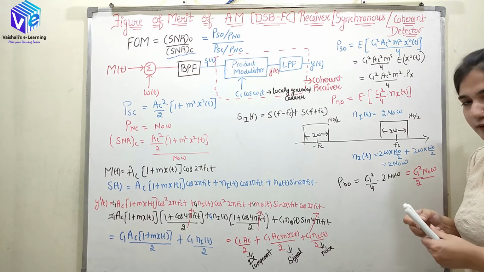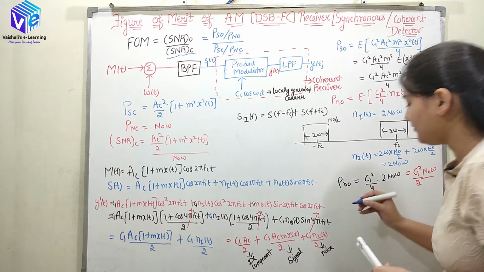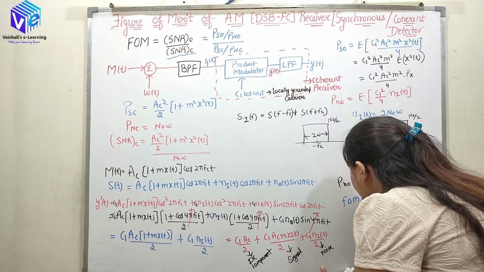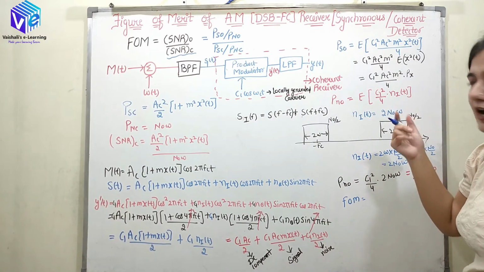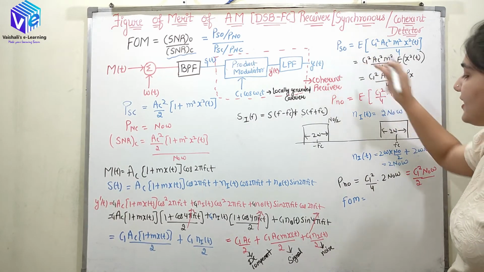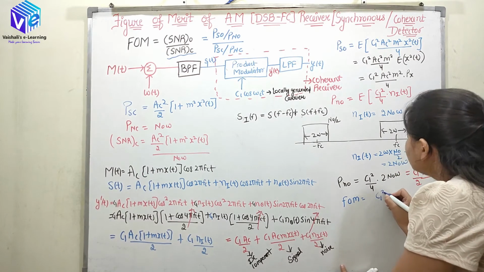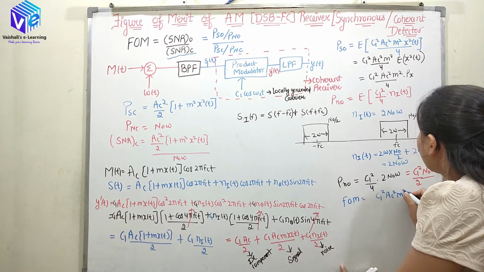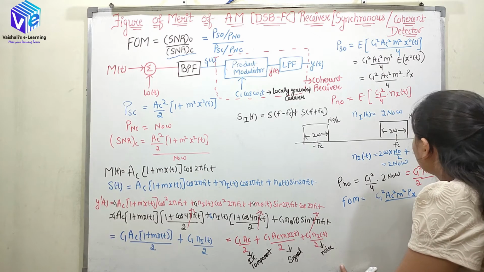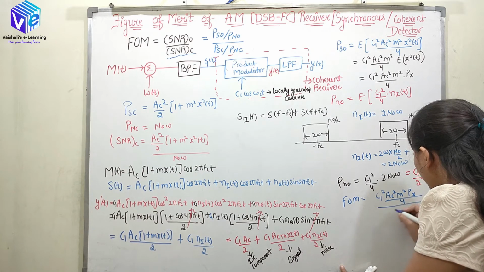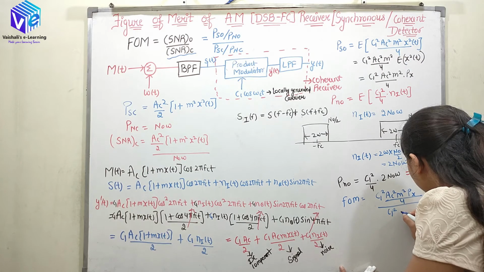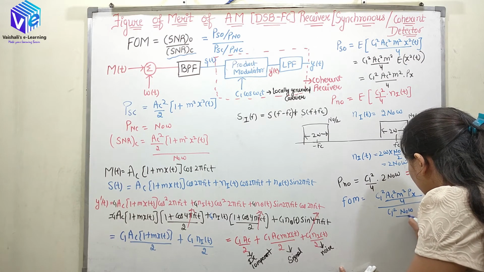So now we just need to find out the figure of merit. So figure of merit is given by SNR of the output. So we have found out PSO, PNO. So PSO was C1 square AC square M square PX upon 4 divided by C1 square N naught W upon 2.